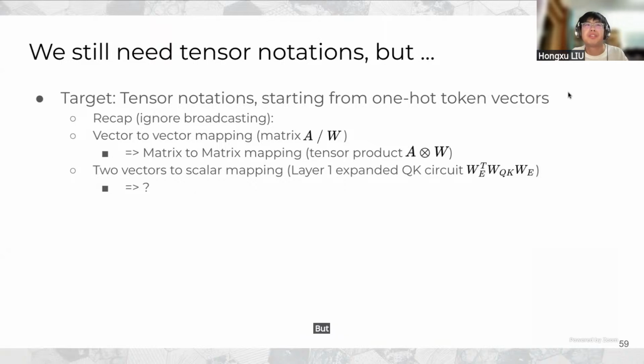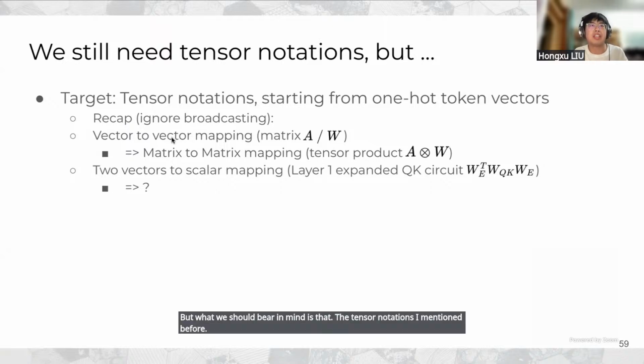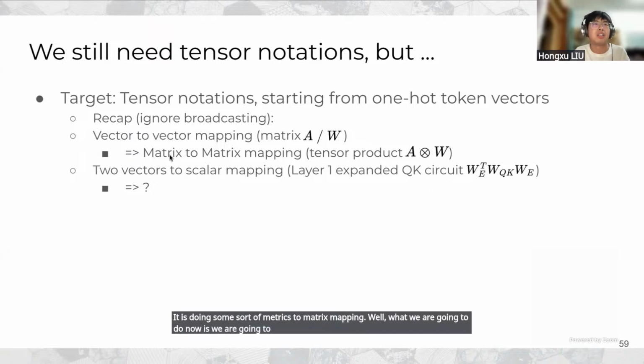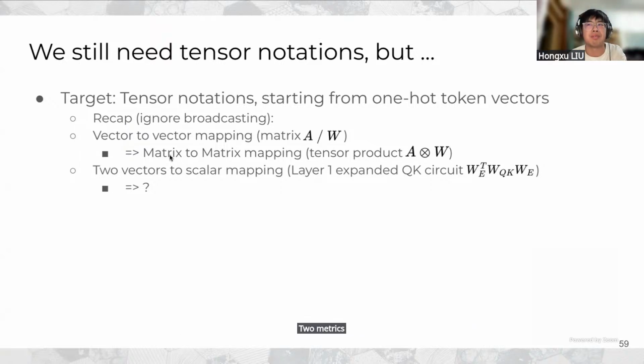But what we should bear in mind is that the tensor notations I mentioned before do a matrix to matrix mapping. What we are going to do now is a two matrices to one matrix mapping.